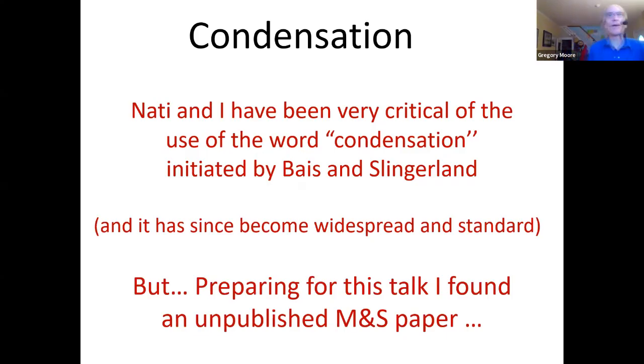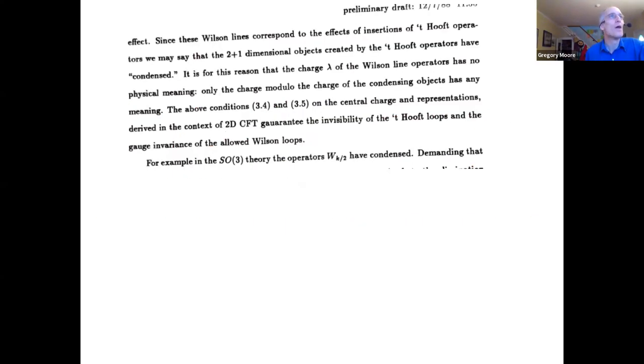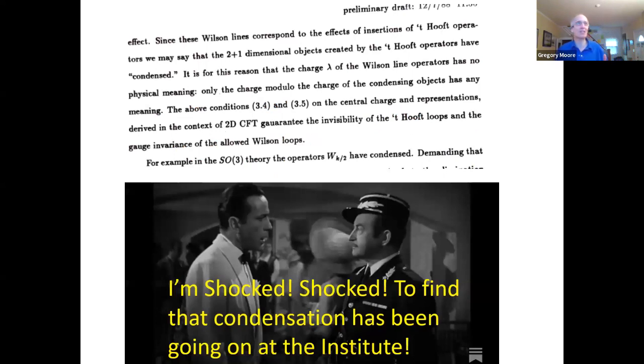But again, in preparing for this talk, taking out old boxes of notebooks and going through them, I found an unpublished paper of Moore and Seiberg, where we talk about this process of extension of chiral algebras in terms of adding invisible 't Hooft operators, which we say have been condensed. So I have to say that I'm shocked, absolutely shocked, to find that condensation has been going on at the Institute.